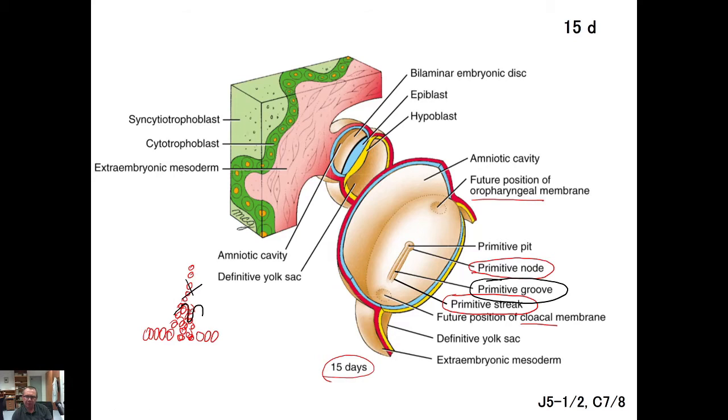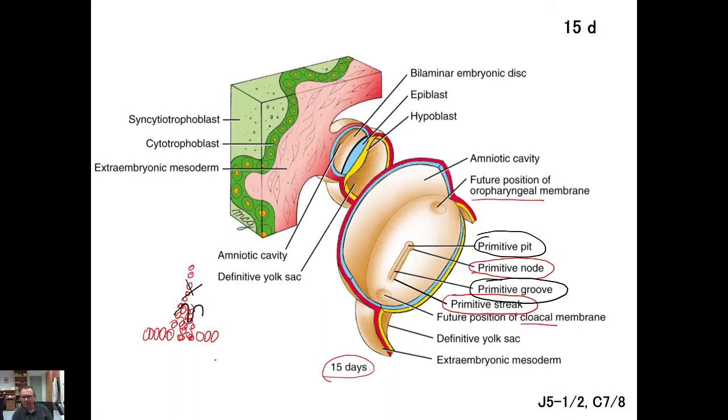Or maybe it is better to say that in the center of the primitive streak, a new thing, the primitive groove, is forming. And the same is in the primitive node, where the primitive pit is forming in the center.